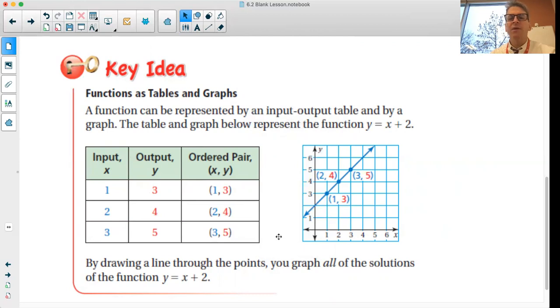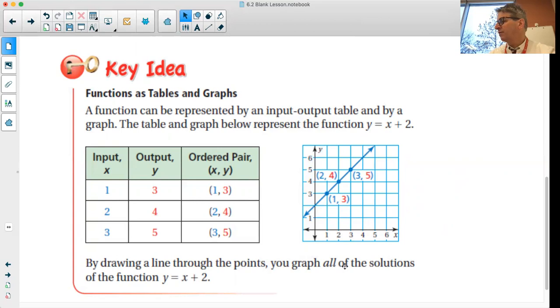And it also can be represented by the actual graph of those ordered pairs: 1, 3, 2, 4, and 3, 5. So by drawing a line through the points, you graph all of the solutions of the function y is equal to x plus 2.